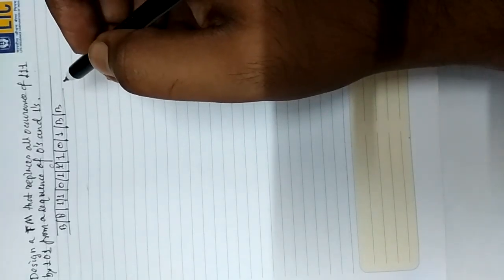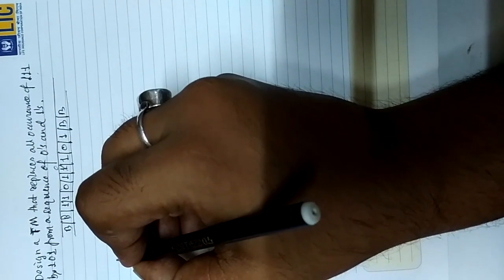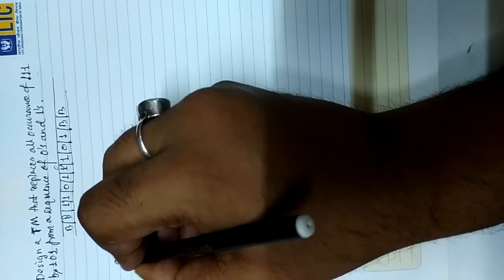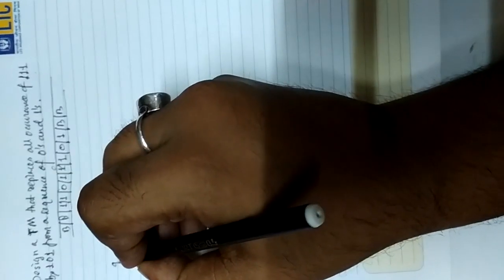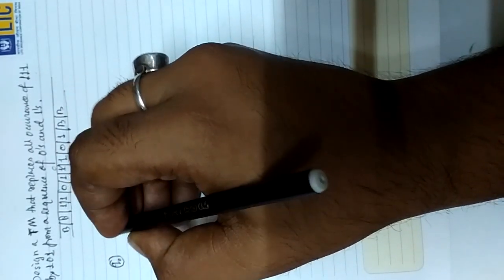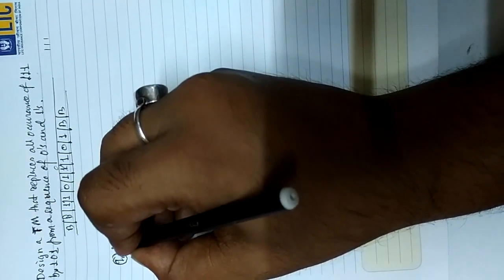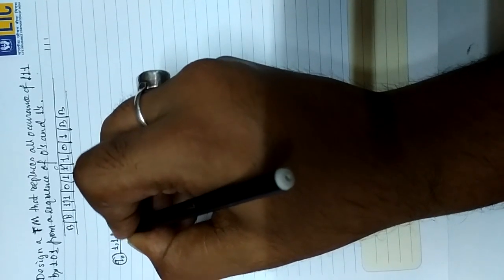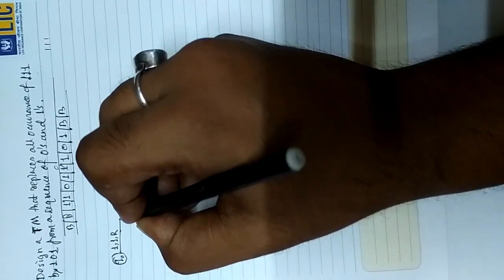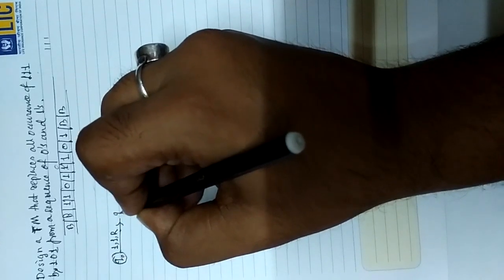To do that, let us start with the initial state, say q0. What you have to do is read the ones. If there are three consecutive ones, you have to read them. The first one you read, replace that 1 by 1, move towards the right, and go to the q1 state.